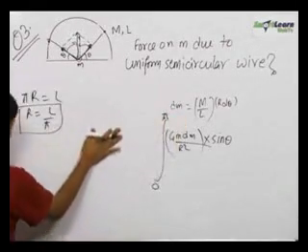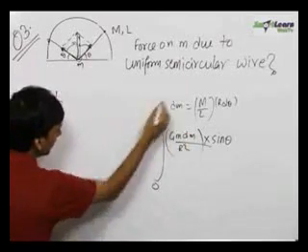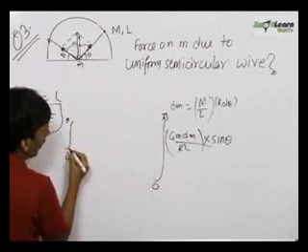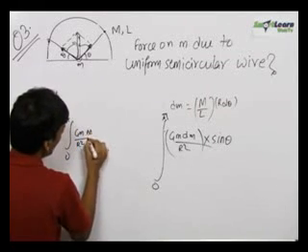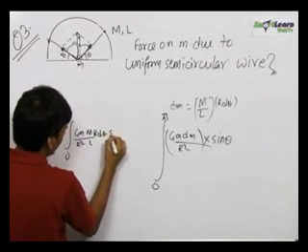We replace dm by the above formula. You get G m upon r square into M upon L r d theta sine theta.